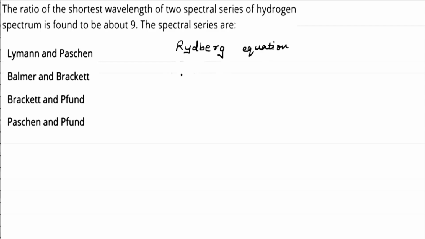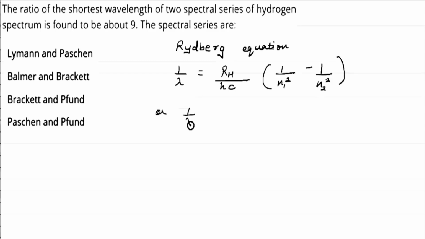The Rydberg equation says that 1 by lambda is equal to R_H, the Rydberg's constant, upon h into c, Planck's constant and speed of light, into 1 upon n1 square minus 1 upon n2 square. Or we can directly say that 1 by lambda is directly proportional to this difference of 1 upon n1 square minus 1 upon n2 square.